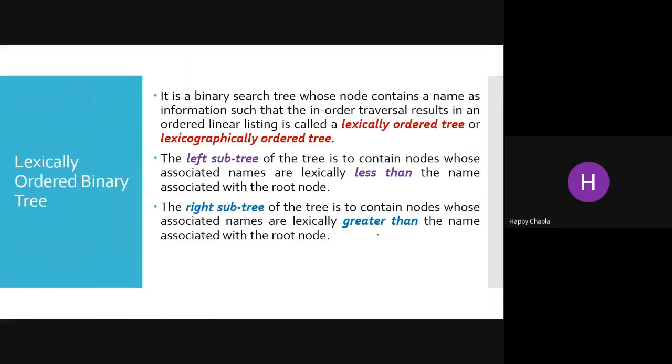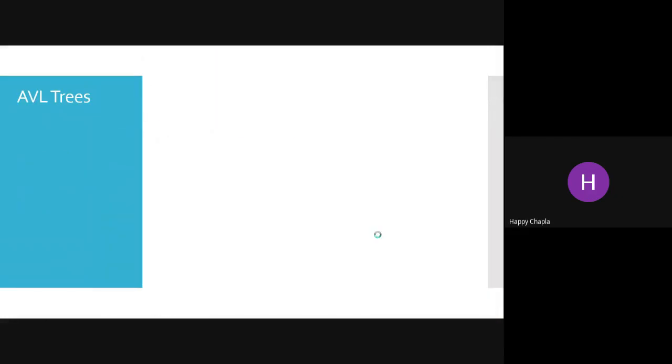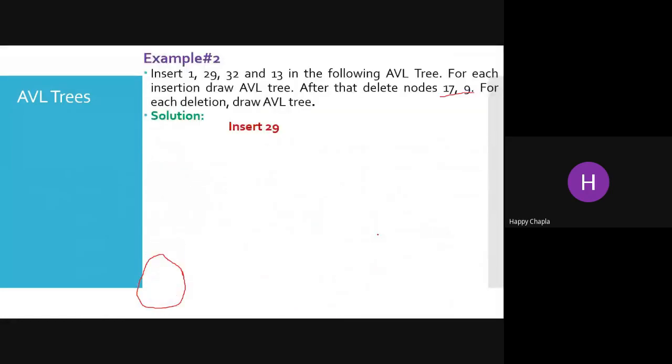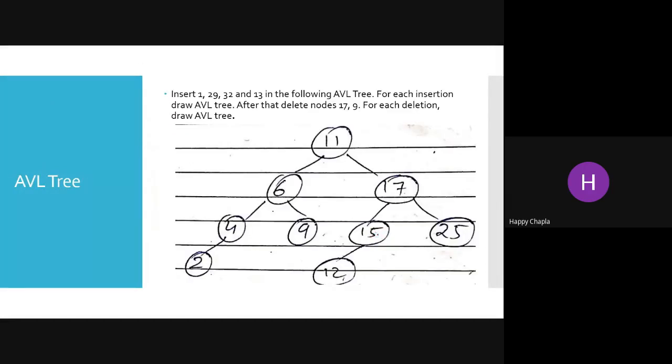Okay. Now we have a next tree with us. Before we move towards this next tree, this is your R0, R1, and R2 rotation. But the same is available as L0, L1, and L minus 1. How can you decide it?